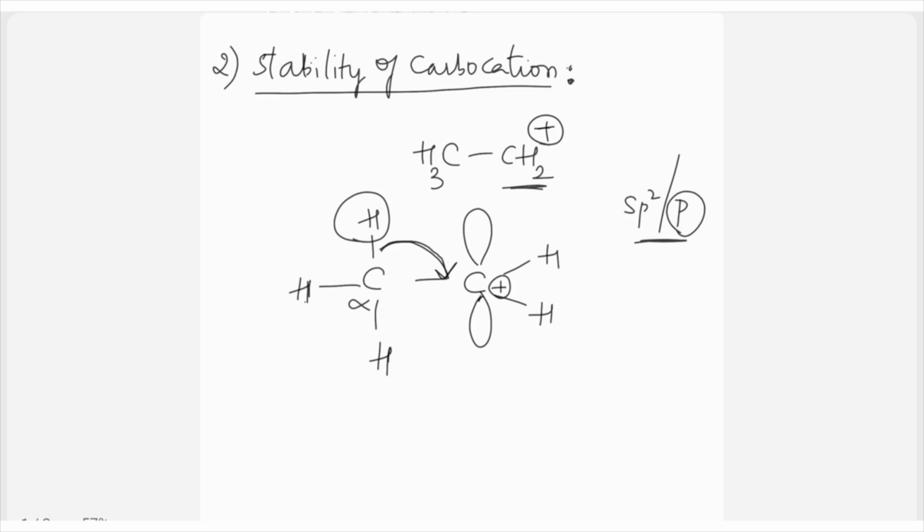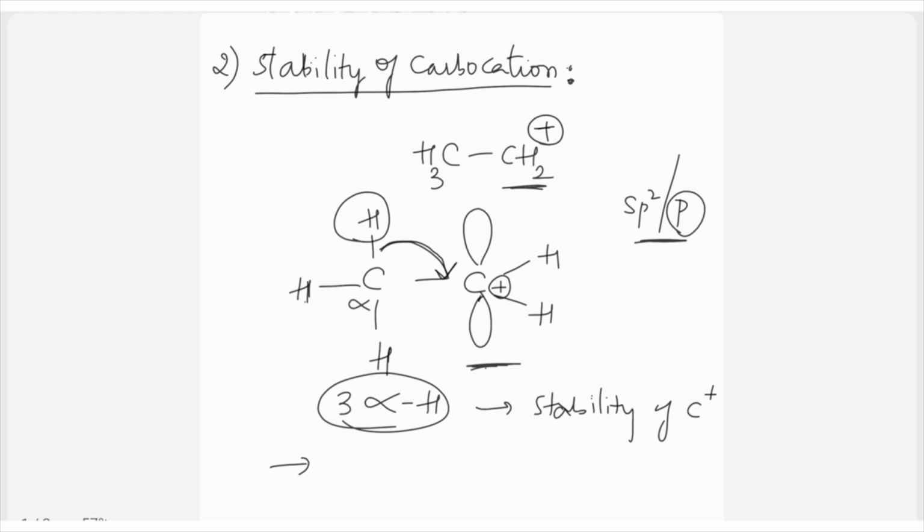This way the positive charge in the carbocation is stabilized by 3 alpha hydrogens. So as the number of alpha hydrogens increases, the stability of carbocation also increases.